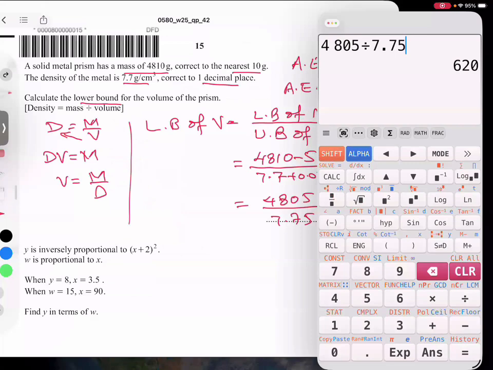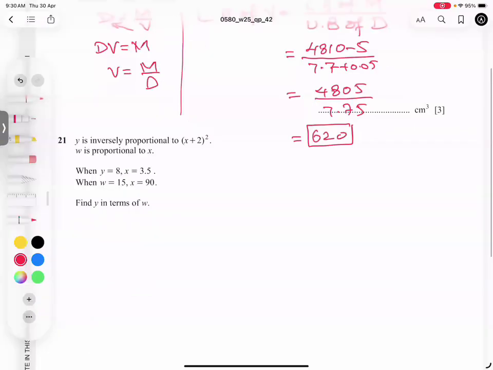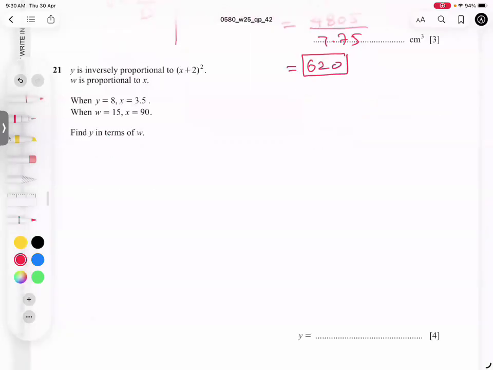And let's talk about the second question, number 21, the last question. Y is inversely proportional to this. If you can see, this is called directly proportional. But if we bring it in the denominator, it comes down and we write 1 here.